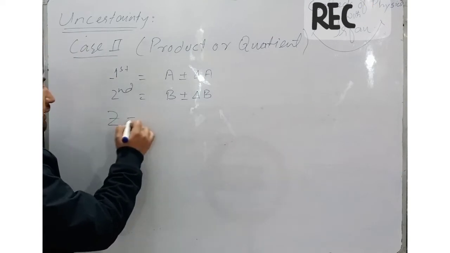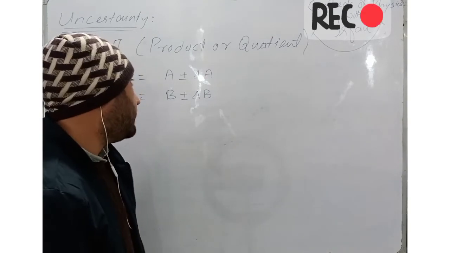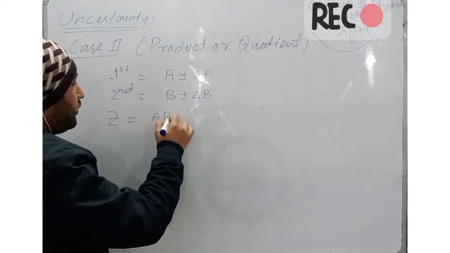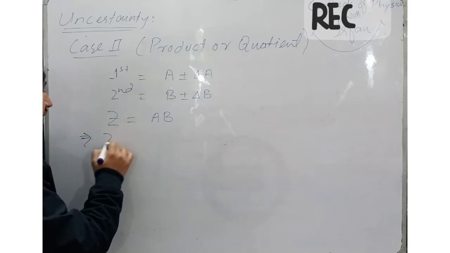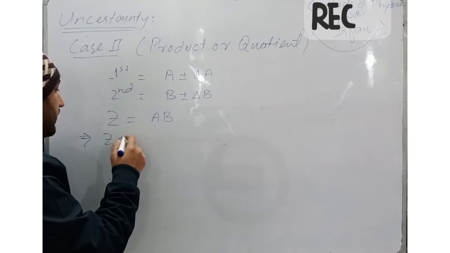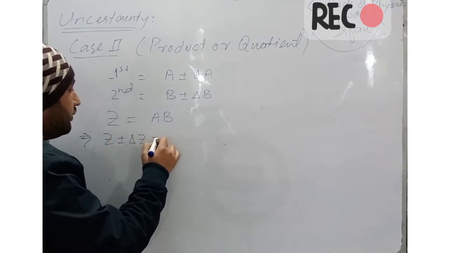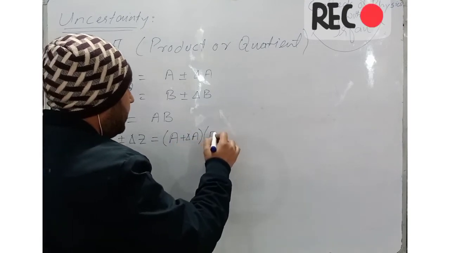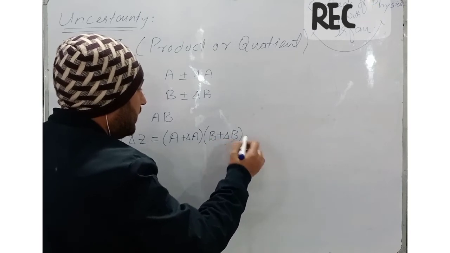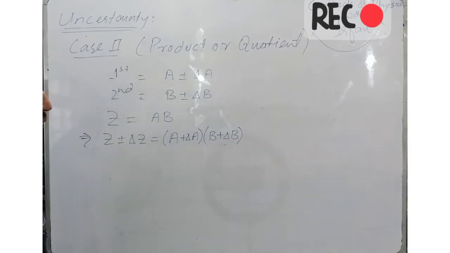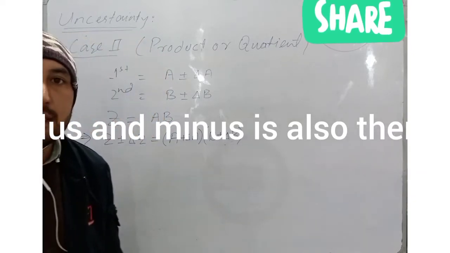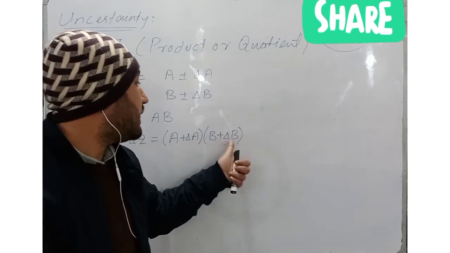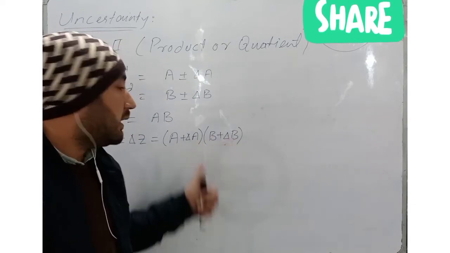Now we are considering a case where these two physical quantities are in product, right? So Z is actually A into B. If we completely represent it, even including its uncertainty in the measurement, Z plus minus delta Z would be equal to A plus delta A into B plus delta B. Whenever two quantities are in product, in order to find the total uncertainty in the measurement, you have to add the percentage uncertainty in individual physical quantities.